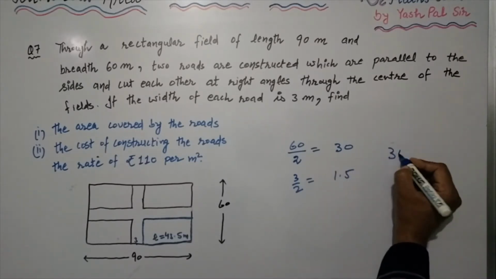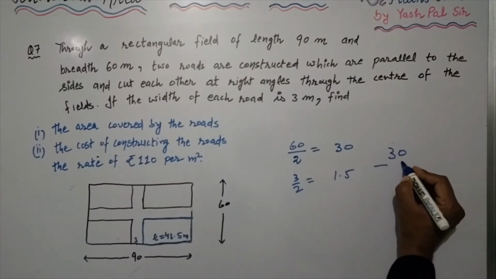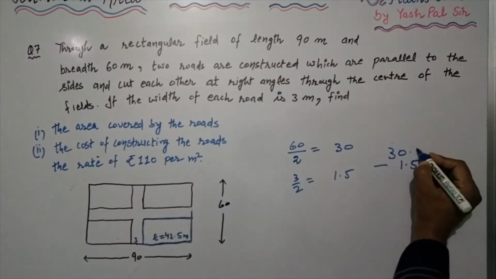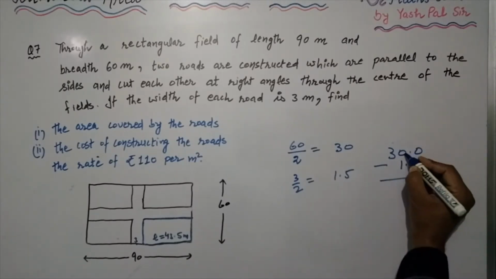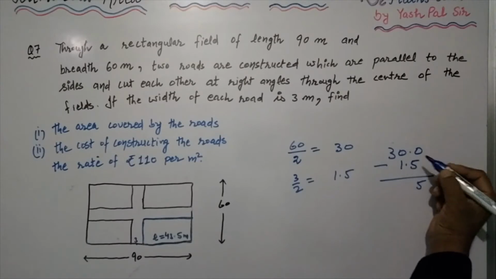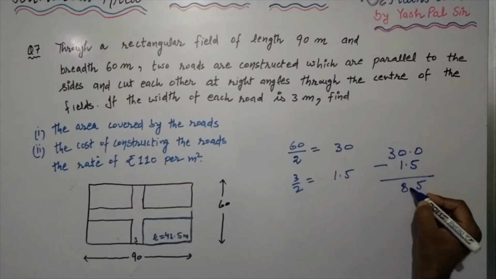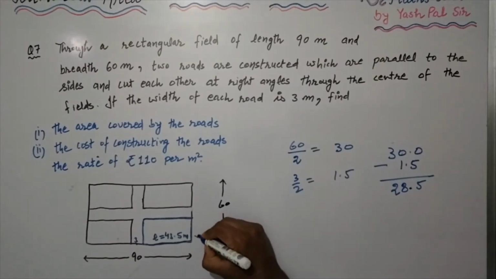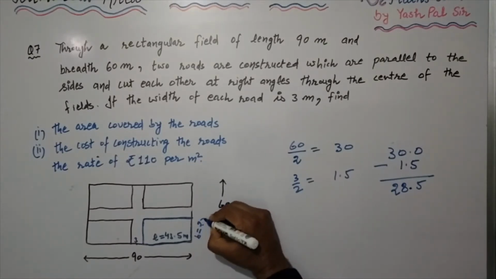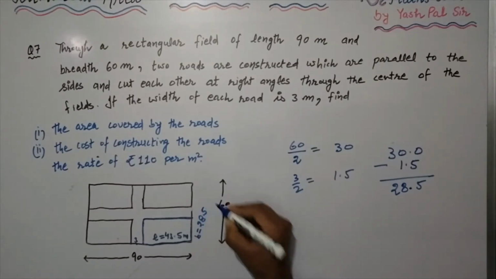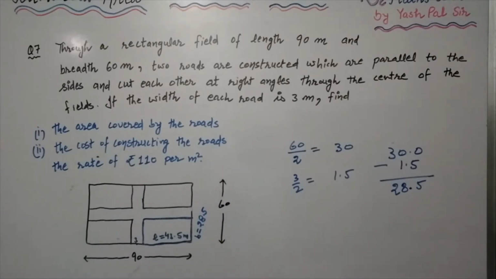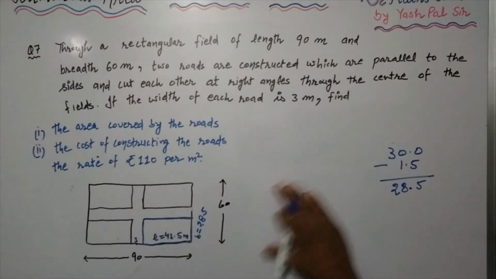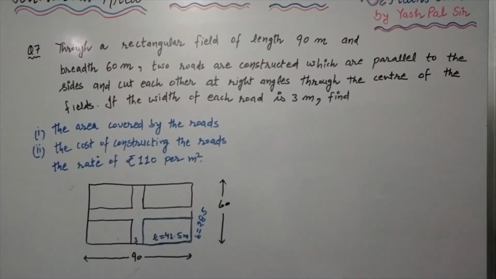Now we subtract 1.5 from 30. The answer is 28.5, the breadth of the small rectangle. Now we solve the question.